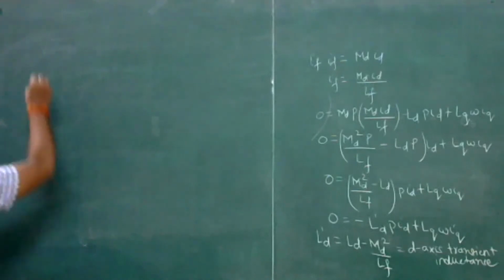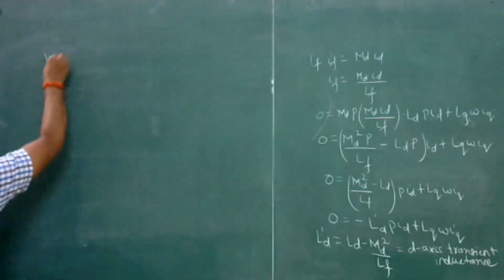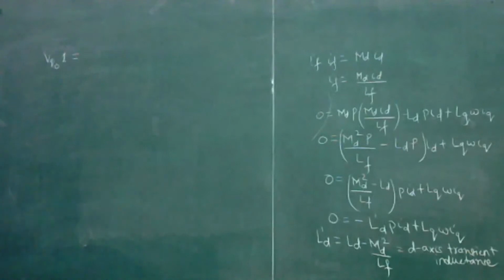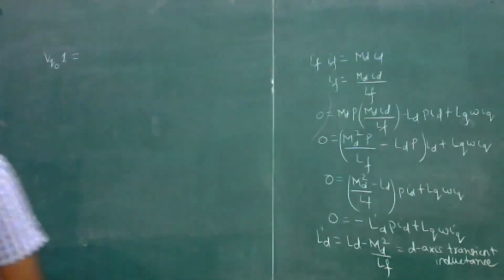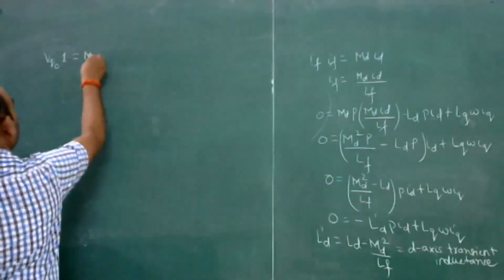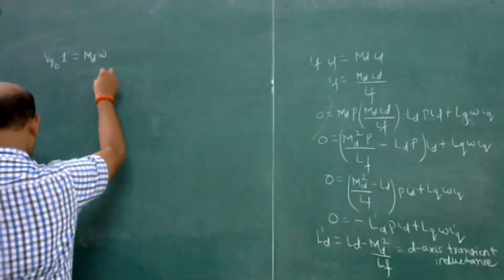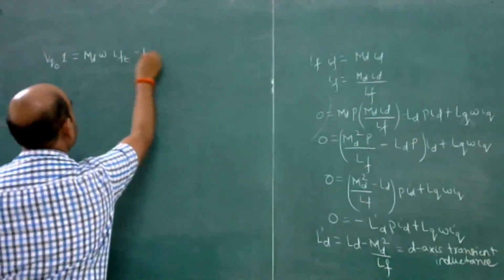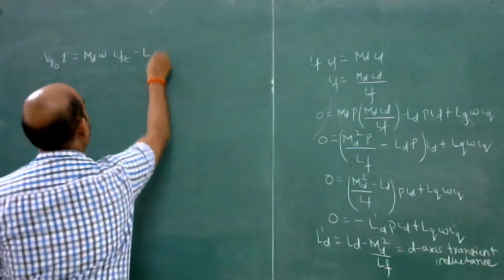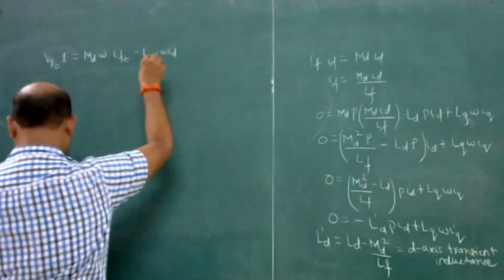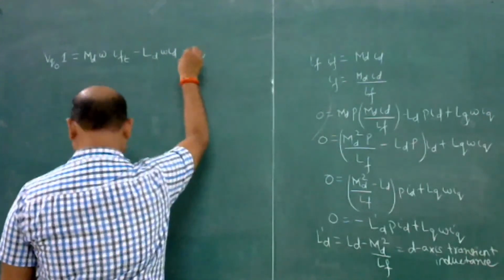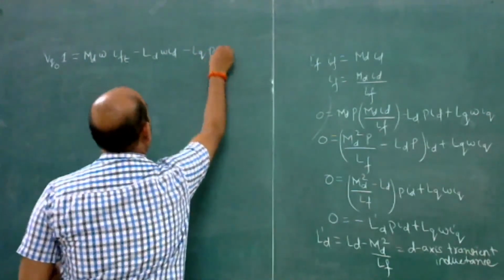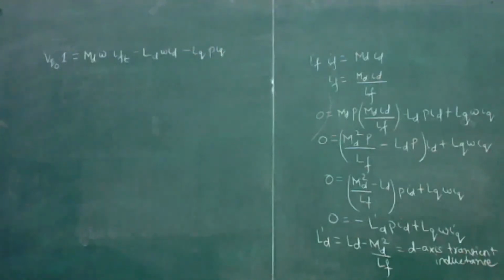The equation is EQ naught 1 is equal to MD omega IFT minus LD omega ID minus LQ P IQ. Here we will substitute the value of IF.